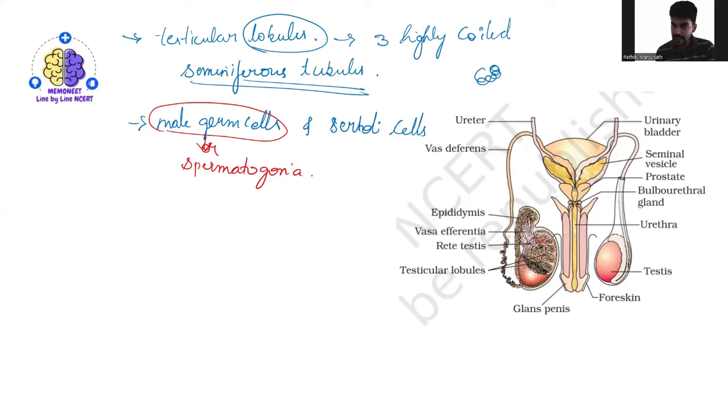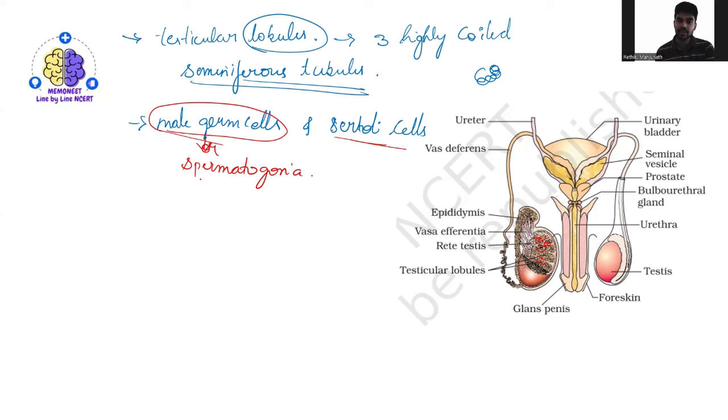If you see, these are the compartments and they are the seminiferous tubules, lined by the male germ cells, or spermatogonia, and the Sertoli cells. So this is all about the seminiferous tubules in the testicular lobules.